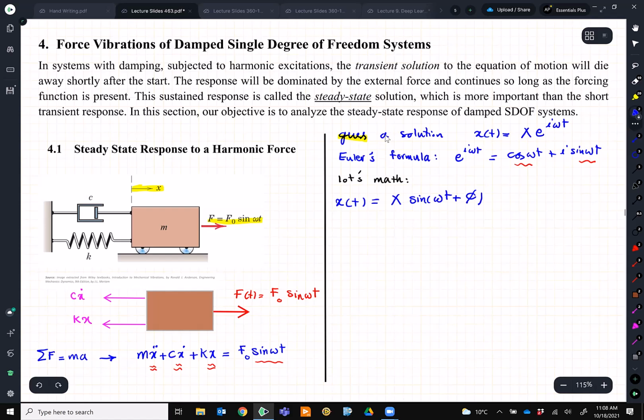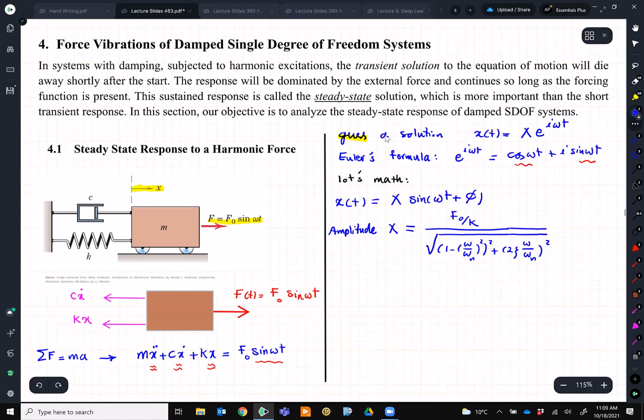Here X is the amplitude of vibration, and it has a long formula. It is F0 divided by k, divided by the square root of (1 minus (omega over omega n) squared) squared, plus (2 zeta omega over omega n) squared, which we know all these terms, right?